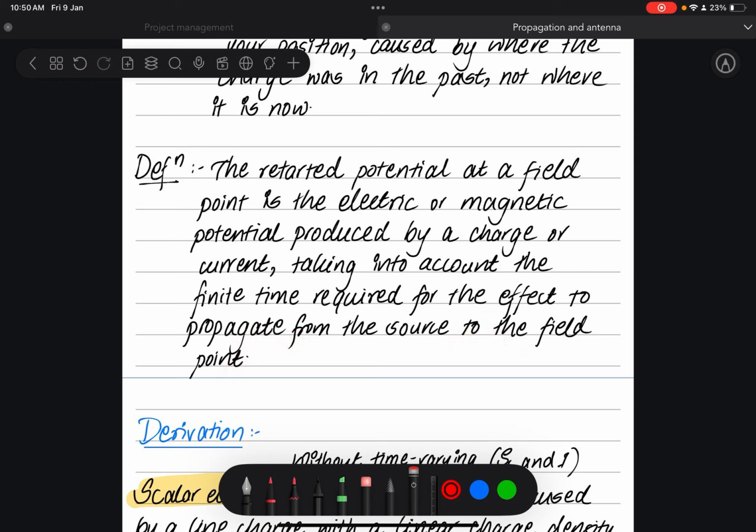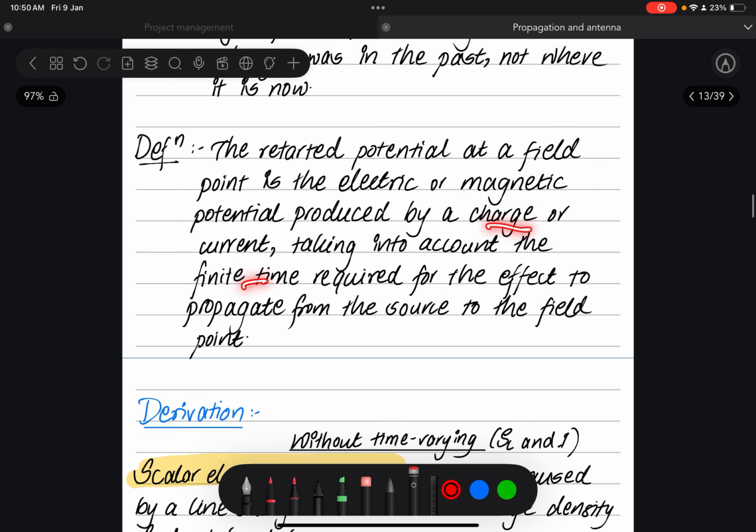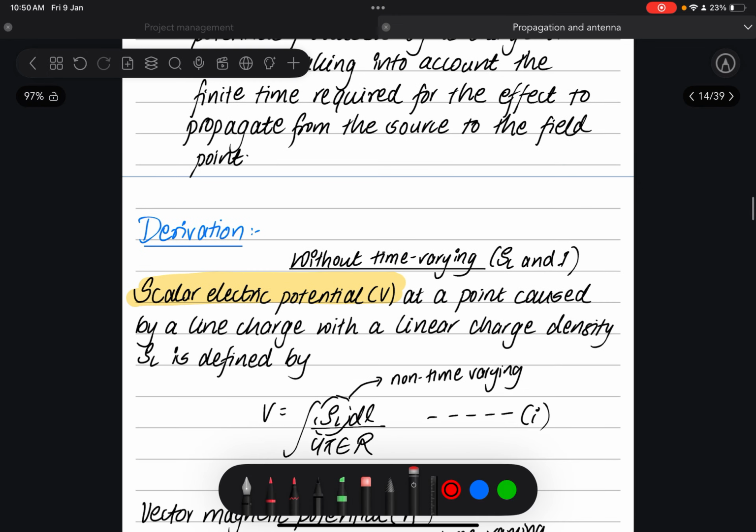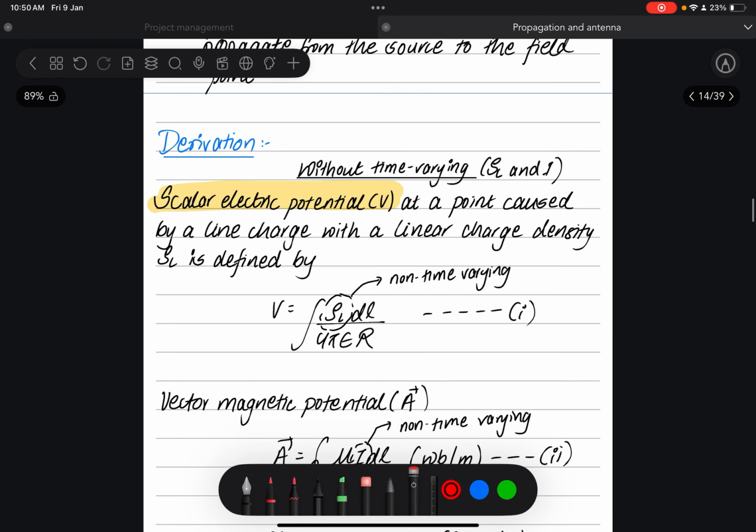The same thing that I mentioned. So the derivation is very simple.